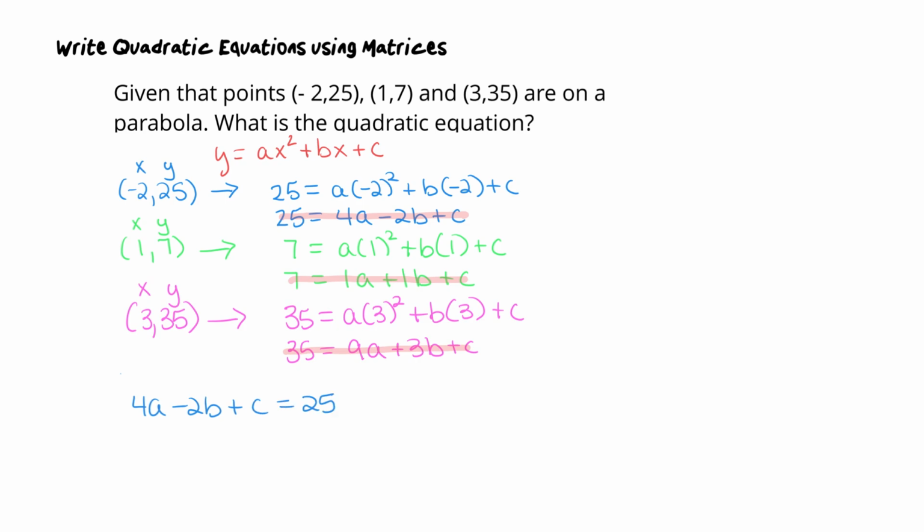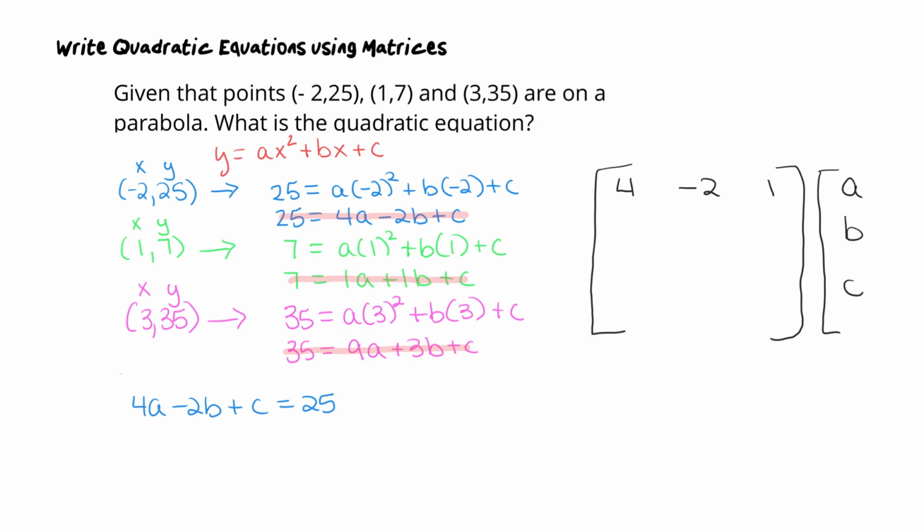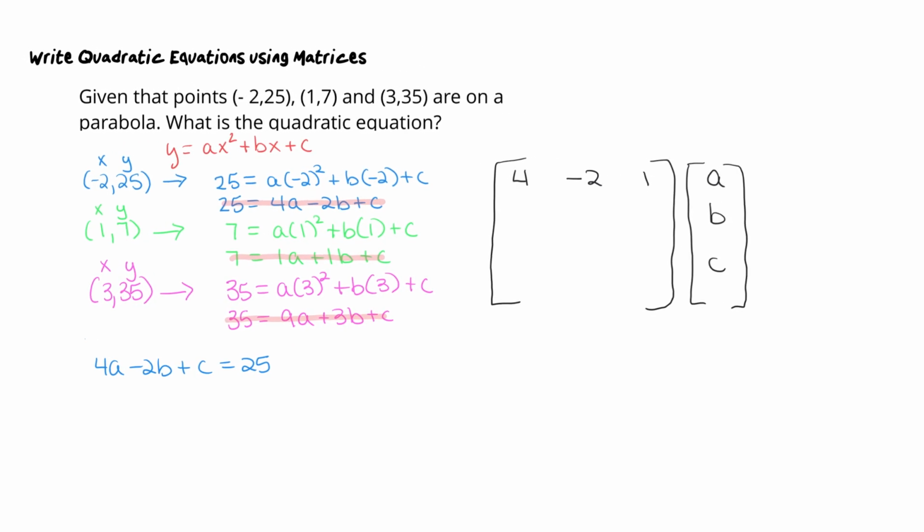If I make that into a matrix equation, keep in mind that you would have your coefficient matrix, 4, -2, 1, and that would get multiplied by your variable matrix as a column, a, b, c. And then that would equal your constants on the right side, so that equation would be equal to 25.